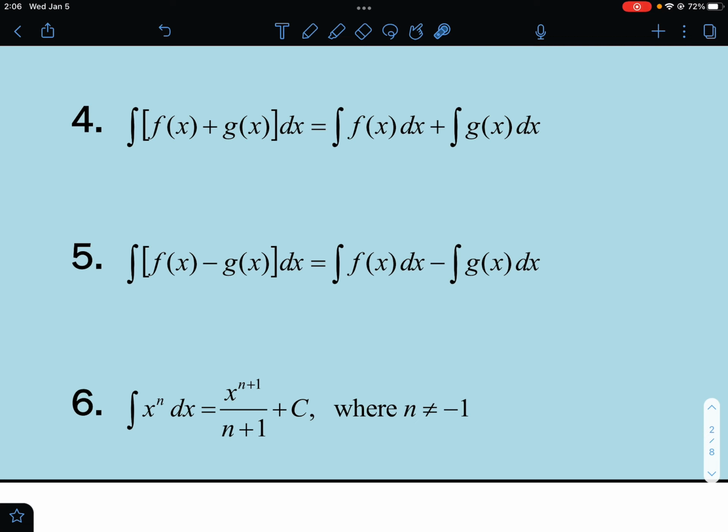But for integrals, what we do is we add 1 to the exponent, and then we divide by that new number. And then don't forget to put plus c at the end of it. Okay? This works for any power n that is not negative 1. You'll see what we do if it is negative 1 later on in this section.